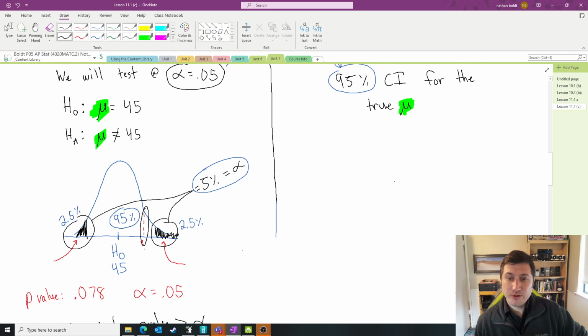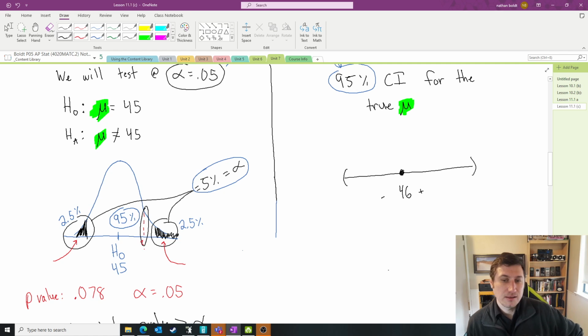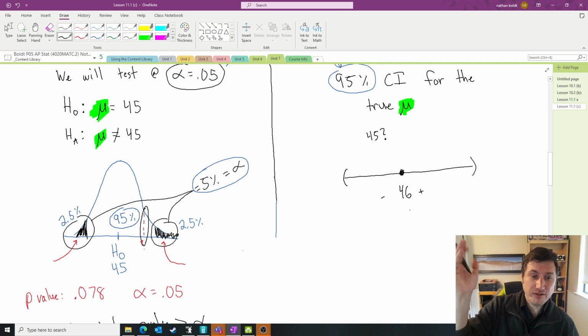So let's check our 95% confidence interval. Remember, a confidence interval is going to be centered on 46. We're going to add and subtract to get our two boundaries. And we want to know, is 45 in here somewhere?